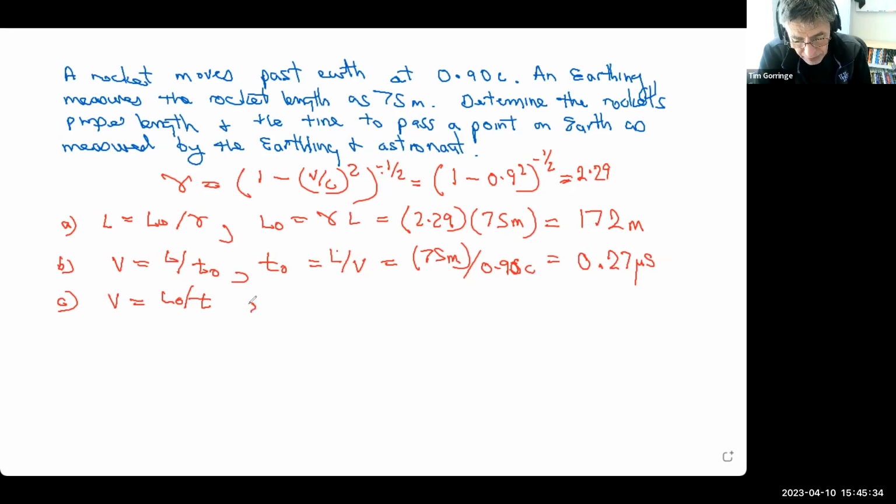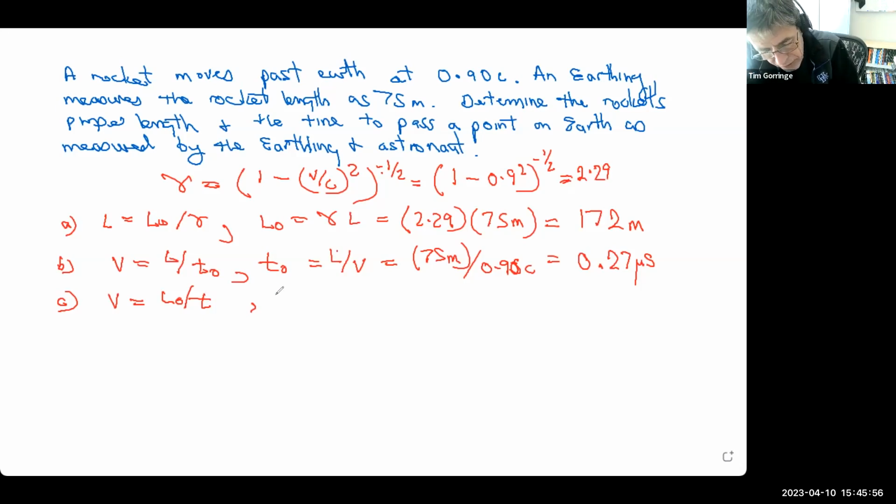In this particular case, we know the speed again, and this is the speed of the Earth passing by the astronaut and the rocket. We know the distance traveled. This is the proper length of the rocket. We're trying to find out the elapsed time.